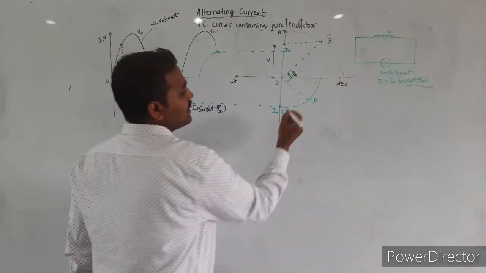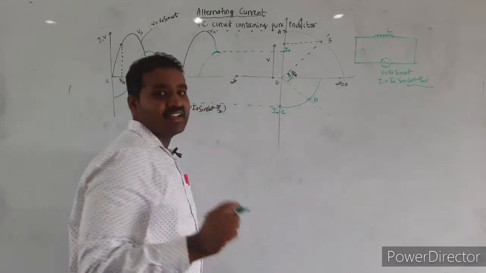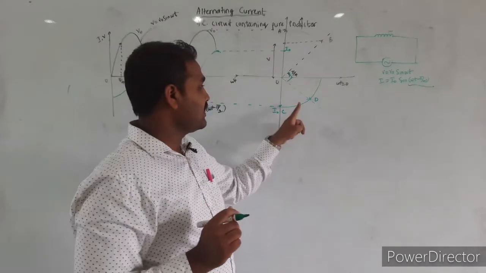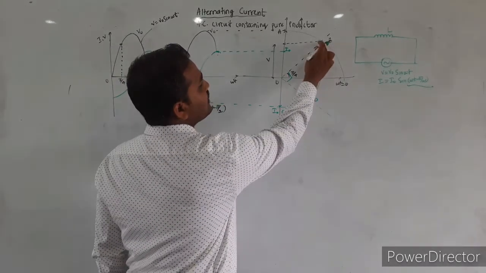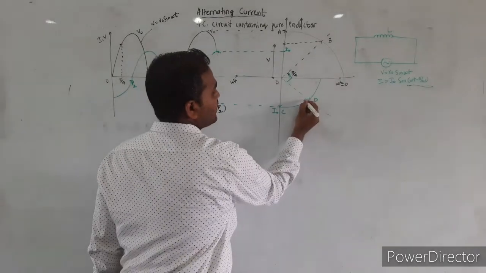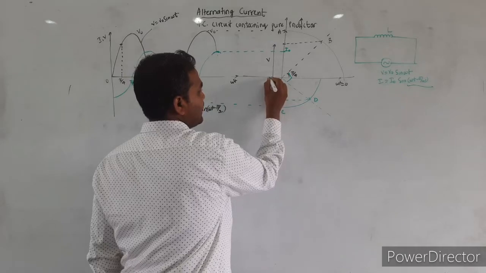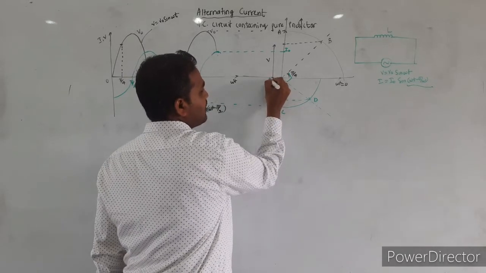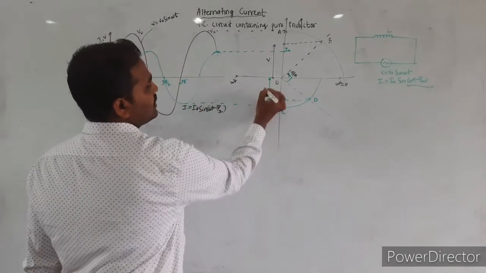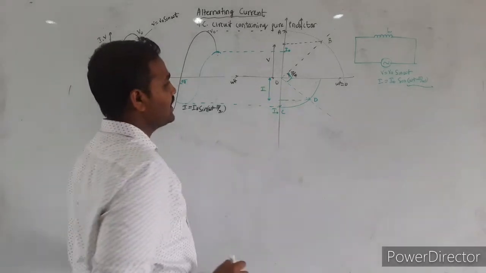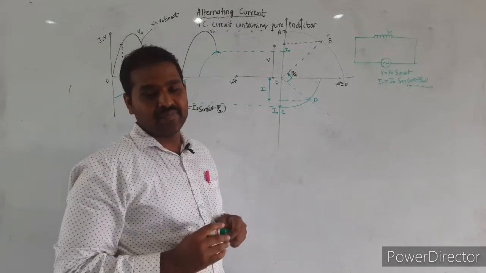And the magnitude of this instantaneous current: similarly as I did for the voltage, I will project the point D on this vertical axis, and this height, this depth below the x axis, will give me the value of the instantaneous current.